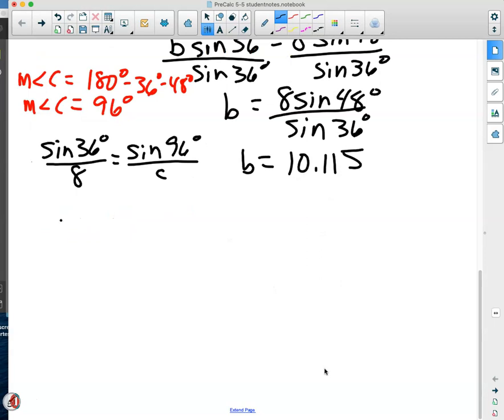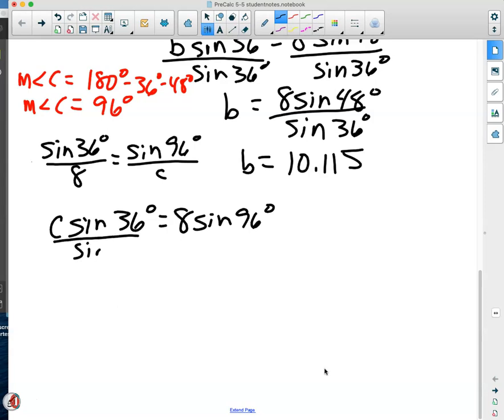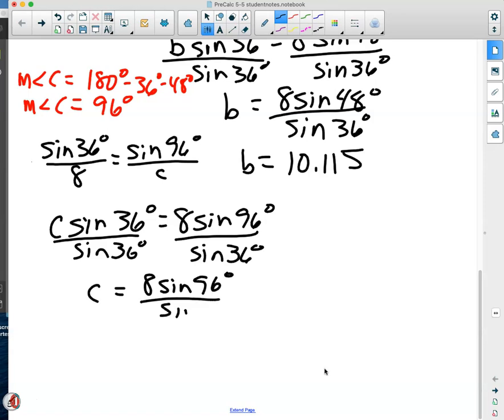And again, we'd cross multiply. So c times the sine of 36 degrees equals 8 times the sine of 96 degrees. Divide both sides by the sine of 36 degrees. Write it down in the elegant and perfect form.